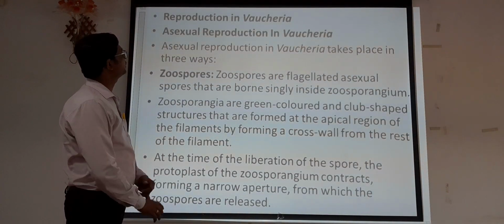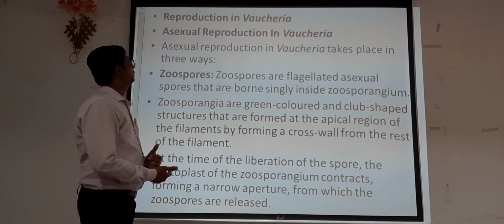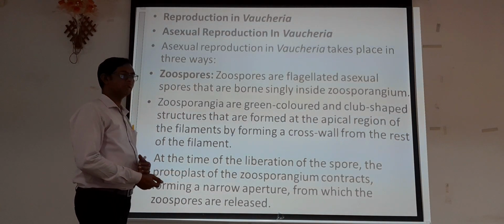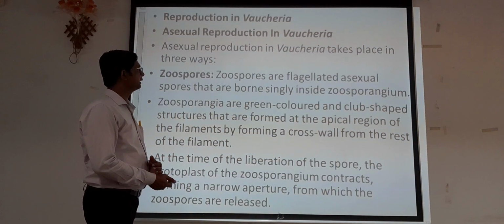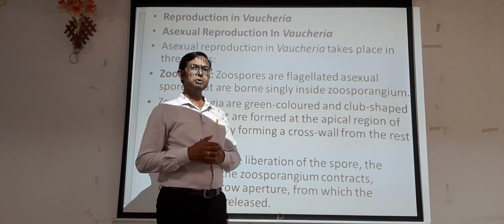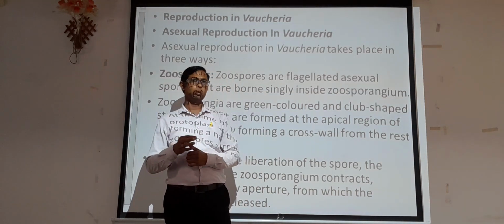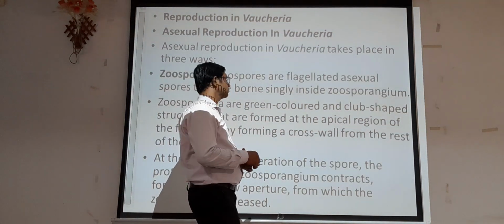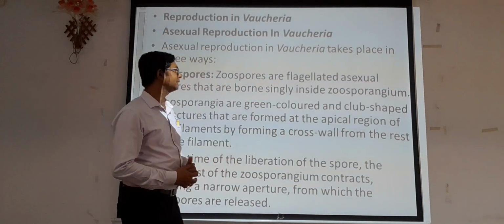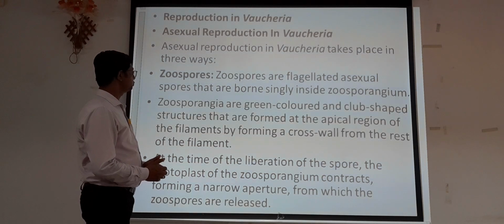Now, asexual reproduction in Vaucheria by means of the zoospore. Zoospores are flagellated asexual spores that are born singly inside the zoosporangium. So just like aplanospores, these zoosporangia are also produced, but the only difference between aplanospores and zoospores is that here they are known as flagellated asexual spores.